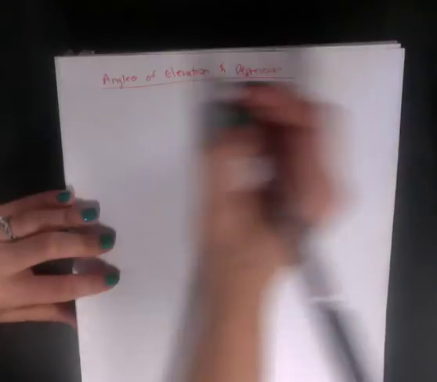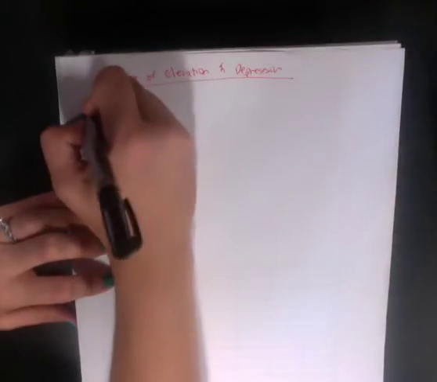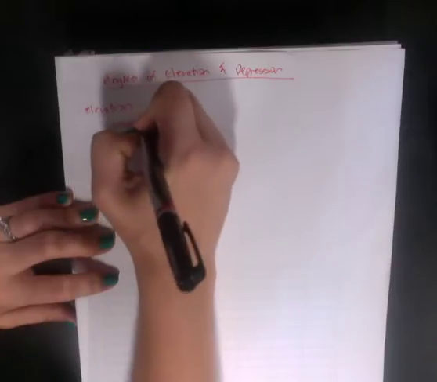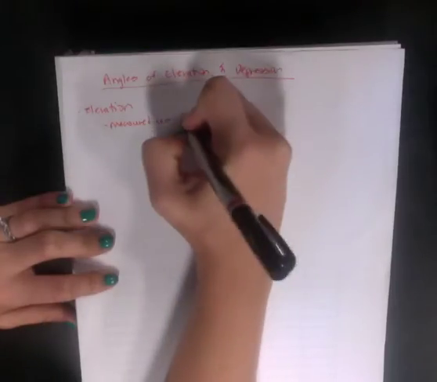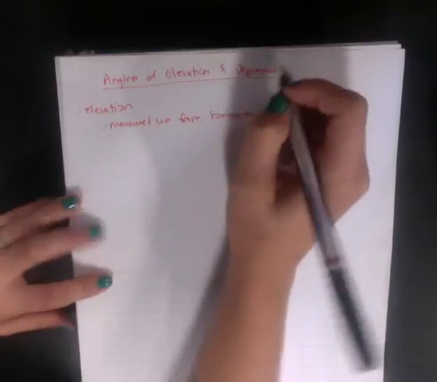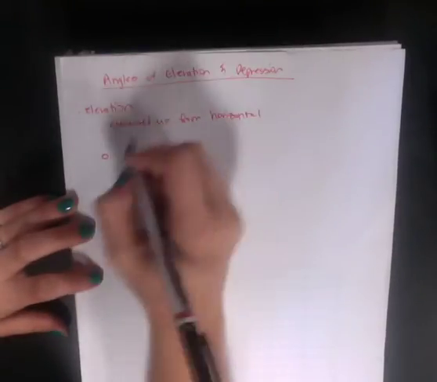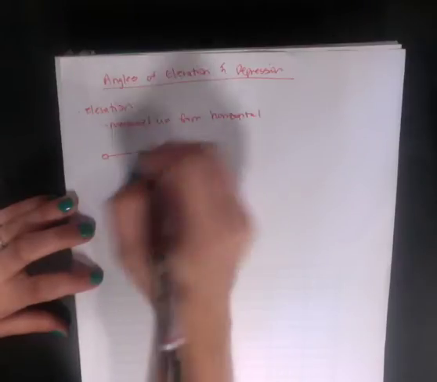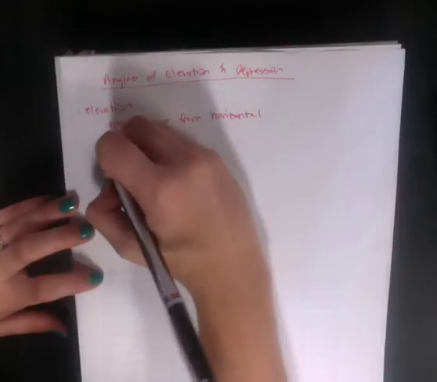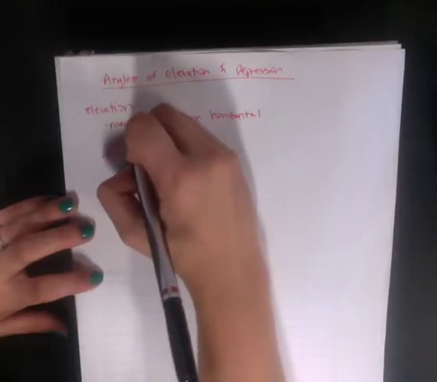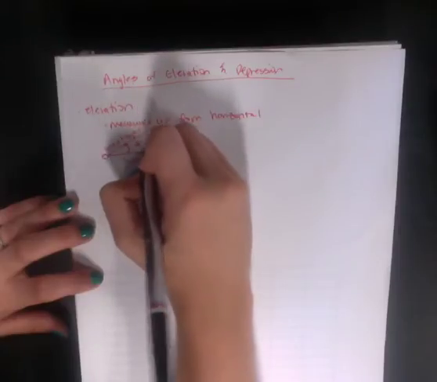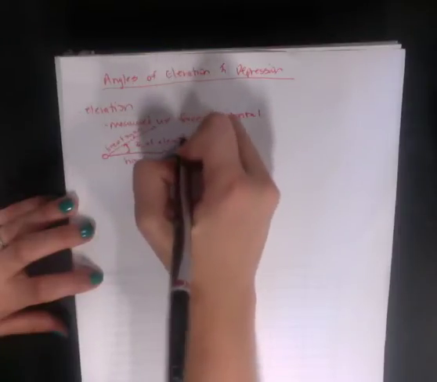Okay, so your angle of elevation, it is measured up from the horizontal. So if this is my horizontal, this right here is my line of sight. This is my angle of elevation.